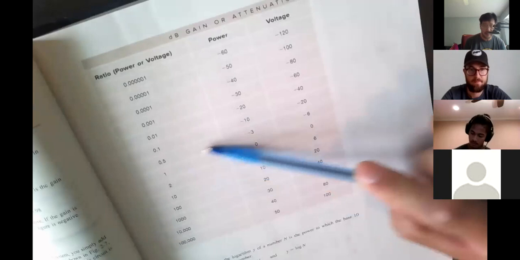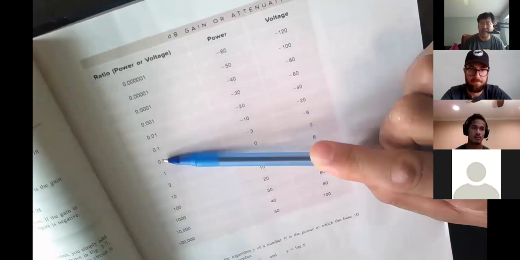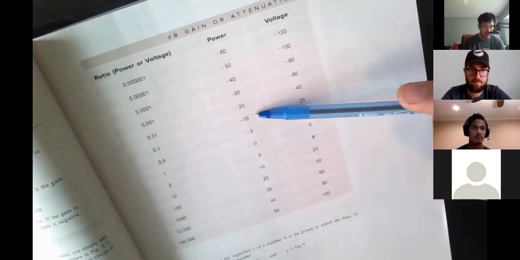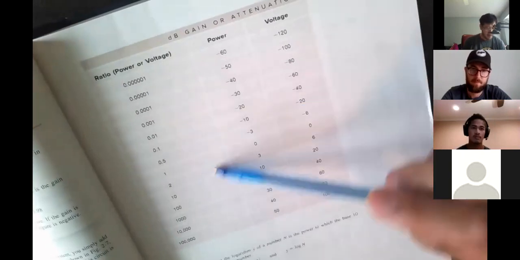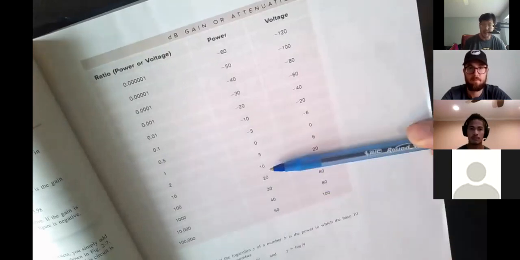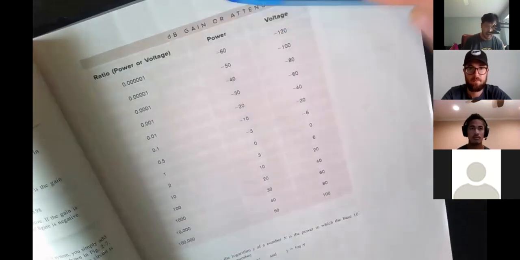If the output is 50%, that's negative 3 dB. The output is half. What about if the output is 1/10? It's negative 10 dB. What about if the output is 10 times bigger, 10 times stronger? That's 10 dB. So instead of using ratios, we use decibels. In this case, it's power.